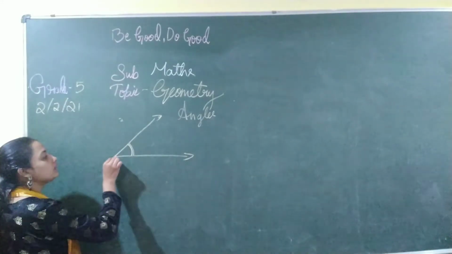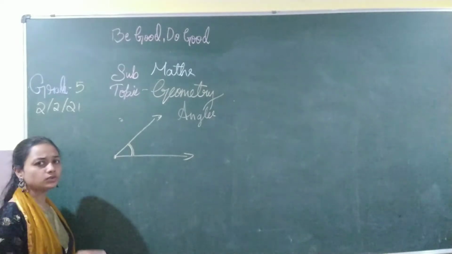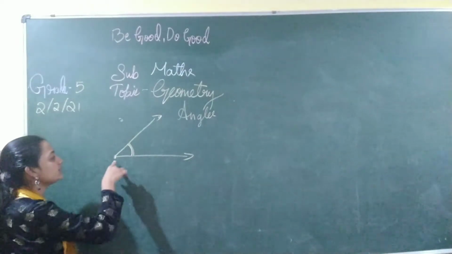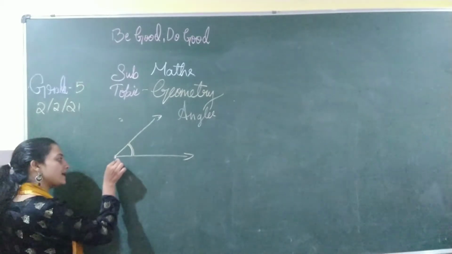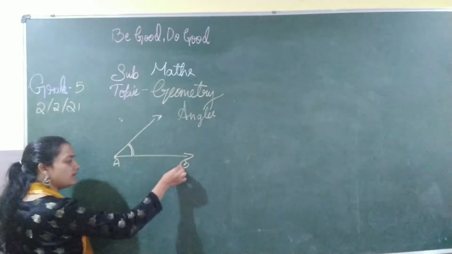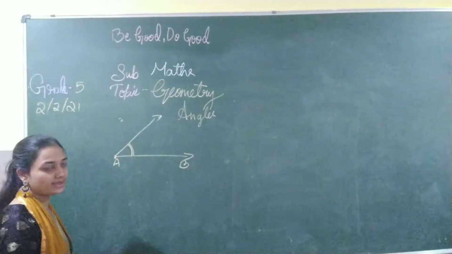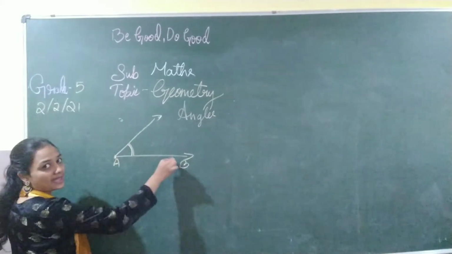Now let us see how to name the angles. Now you know how to name the lines, right? If I want to name this ray, I will name this point A and the other point B, or any letter in the English alphabet. This is ray AB.